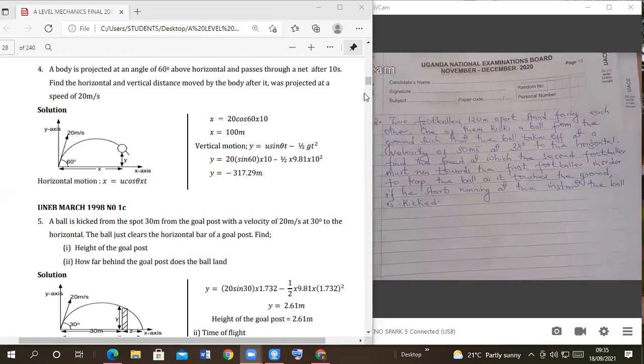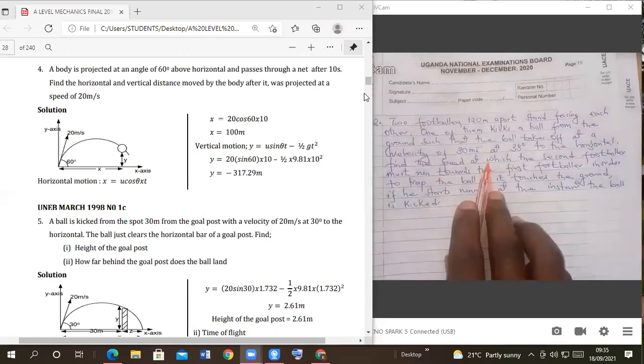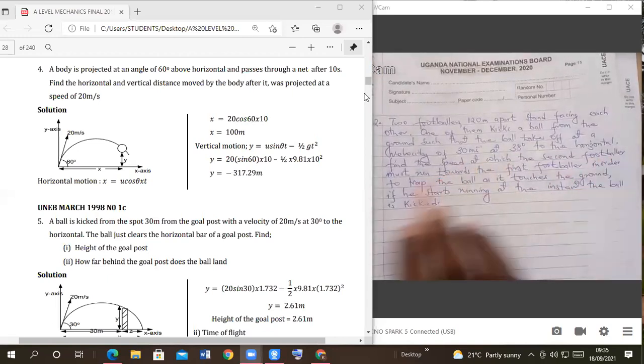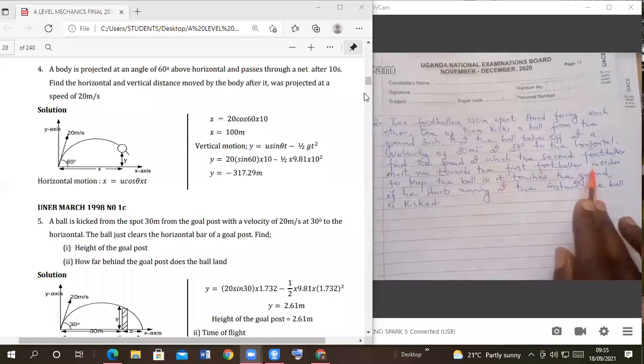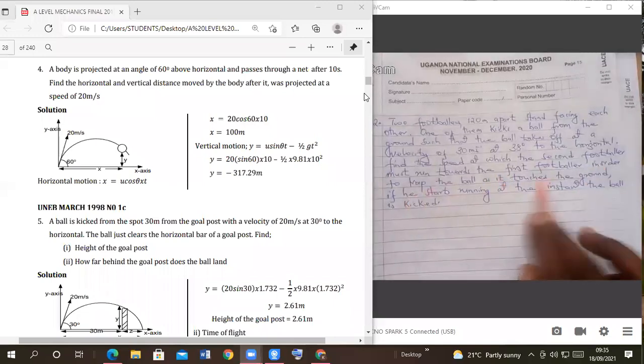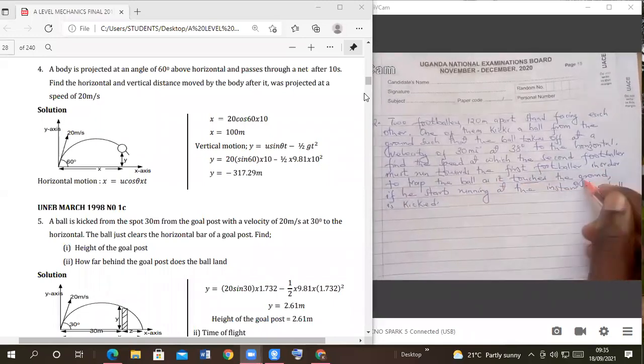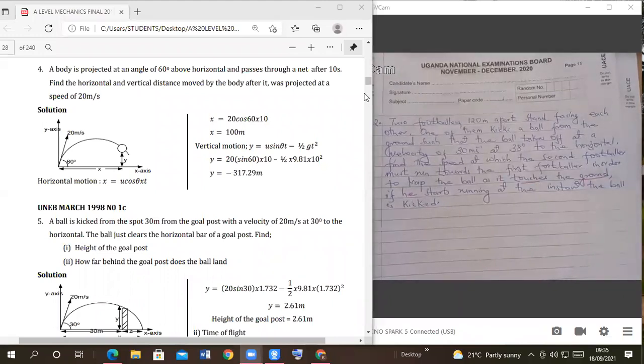So now, assuming this was your NET, your first lecture with this question, what are you supposed to do in this question? Remember the keyword here: find the speed at which the second footballer must run towards the first footballer in order to catch the ball as it touches the ground.